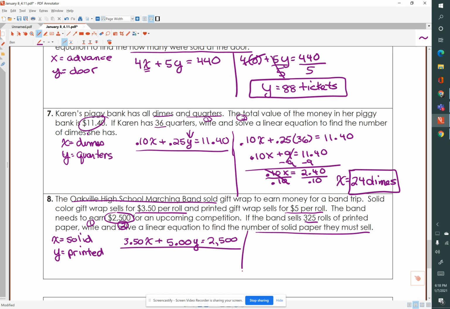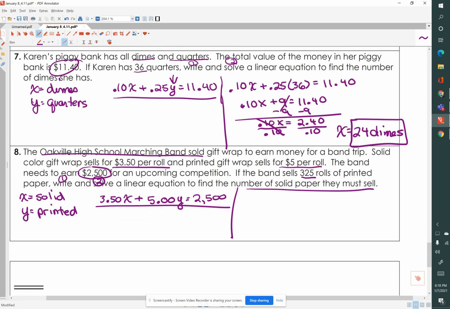We've written the equation. Now we need to solve the equation. I think I may need a little more room here. There we go. So let's change our color and solve the equation. We're solving for x because it says if they sold 325 rolls of printed paper.